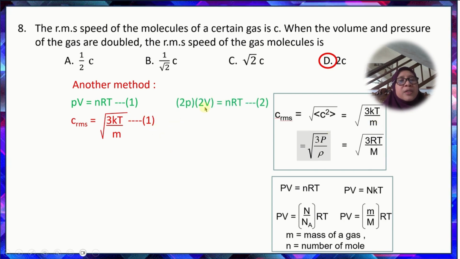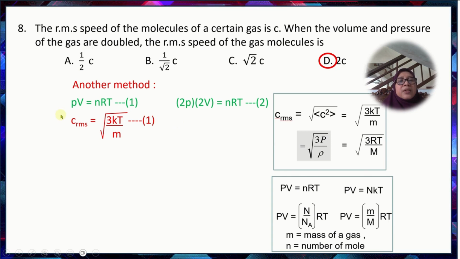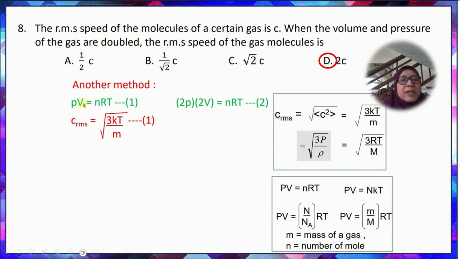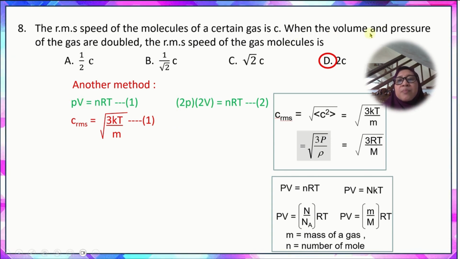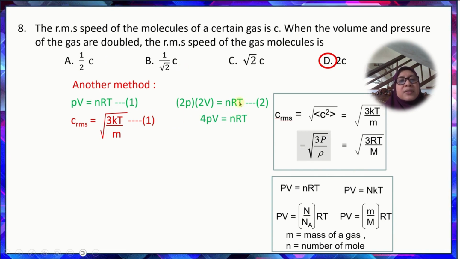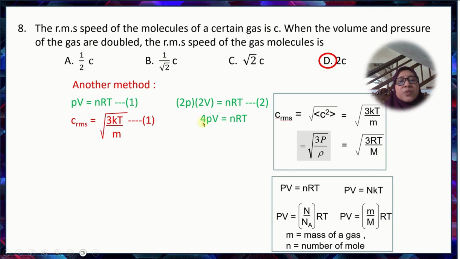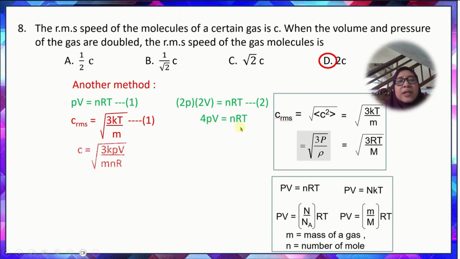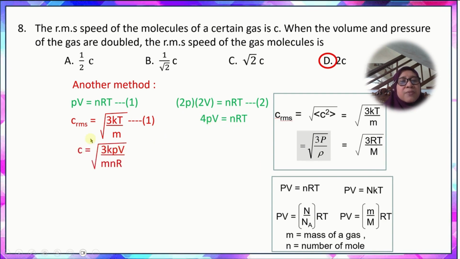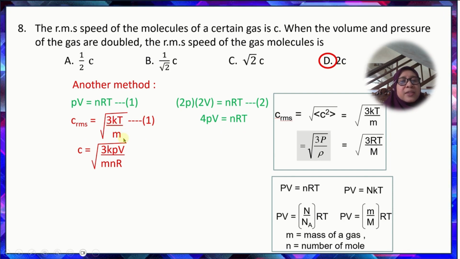We substitute the pressure to P and the volume to V. Here the volume and pressure are doubled, so nRT is constant. Then 2 times 2, 4PV equals nRT. And for the r.m.s speed, the square root of 3kT over m.